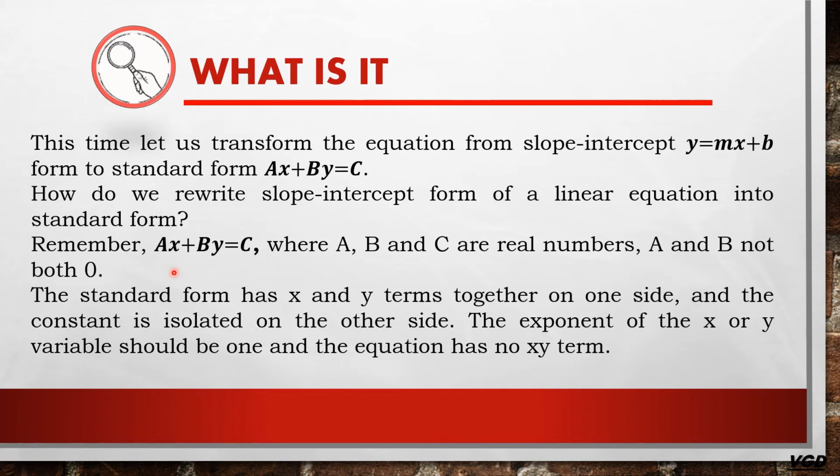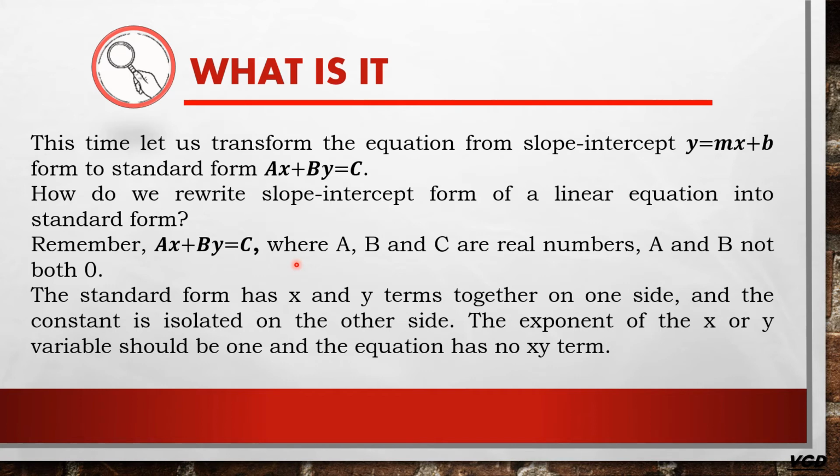And take note that in the standard form, x and y stay together on one side, either the left side or the right side. And what remains, which is our constant, is on the other side, either left or right. Basically, if c is on the left, ax plus by is on the right.